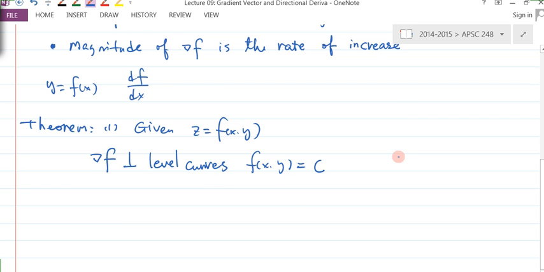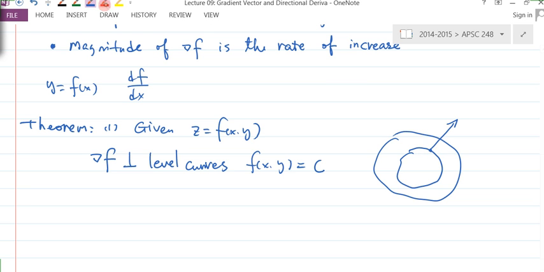What does that mean? Here is a level curve, for example, and here's another level curve. If we have a point on this level curve and we calculate the gradient vector, then that gradient vector is perpendicular to the level curve. What does perpendicular mean? If you draw a tangent line here, then the gradient vector is perpendicular to this tangent line.